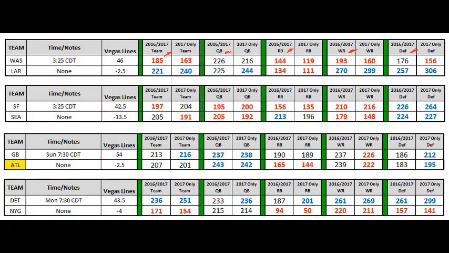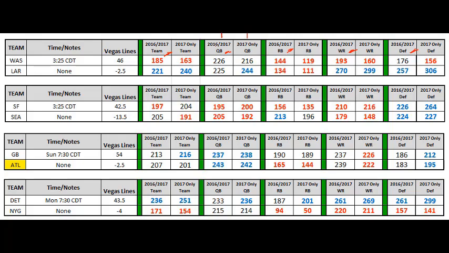We're going to first go through and try to find our quarterback. You can see here that we've got 2 power ratings for each position. We've got a power rating that has the 2016 and 17 stats, and we've got a power rating that has only the 2017 stats. The reason that's important, at least early in the season, is that we don't have a lot of data to put into 2017.